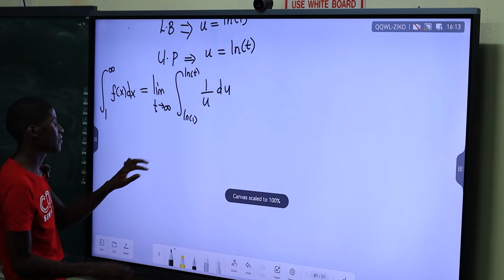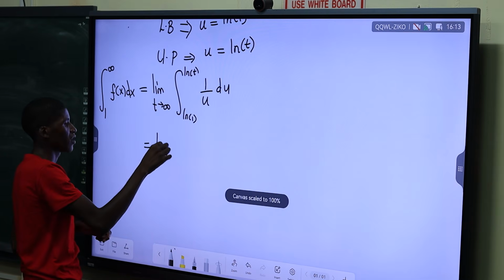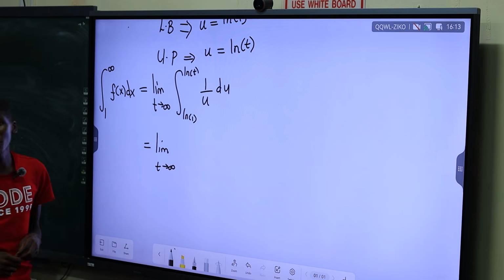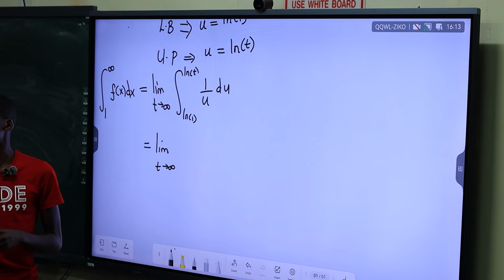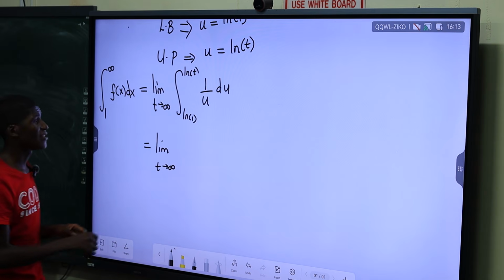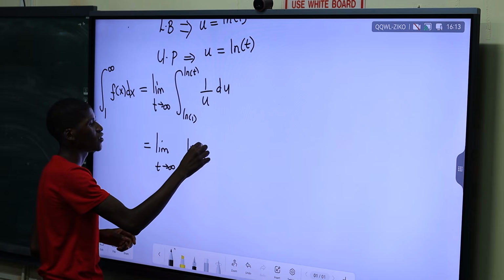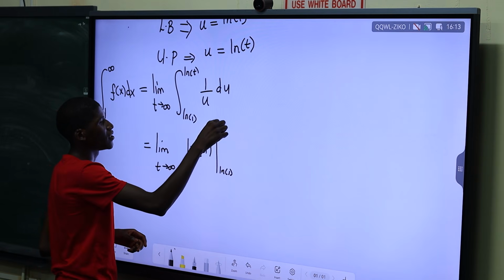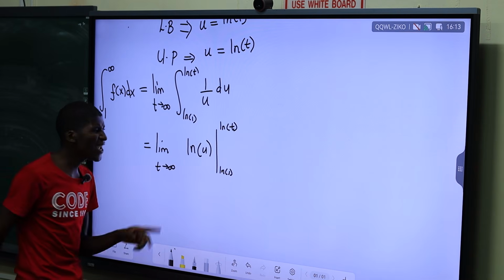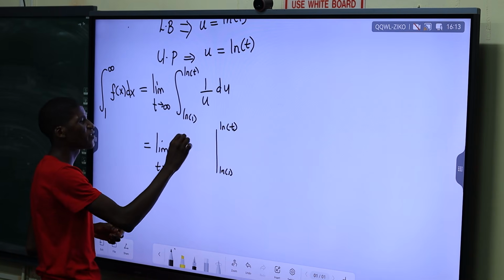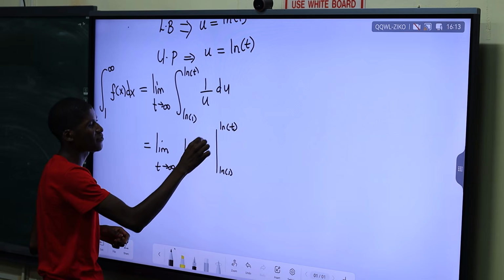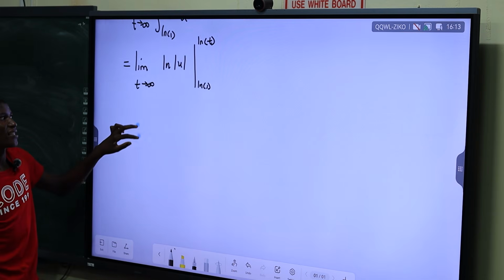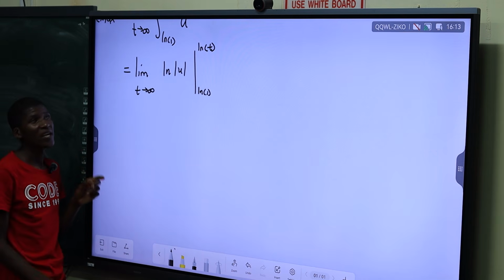Evaluate this integral then. What is this integral? 1 over u du. It is ln u, so that's going to be ln u from ln 1 to ln t. But usually I like to use ln of u with an absolute value sign there for reasons that are very crucial.